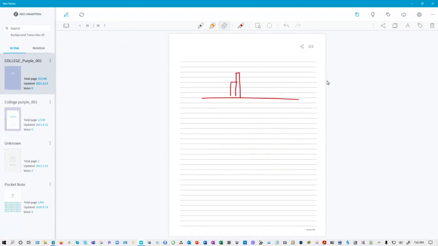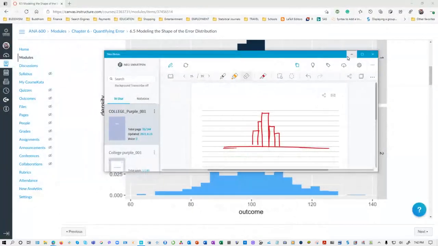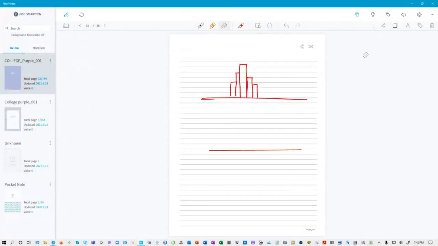One is more clustered around the mean, and the other is a bit more spread out, flat and spread out. This is, let's say, sample 1, and this is sample 2.